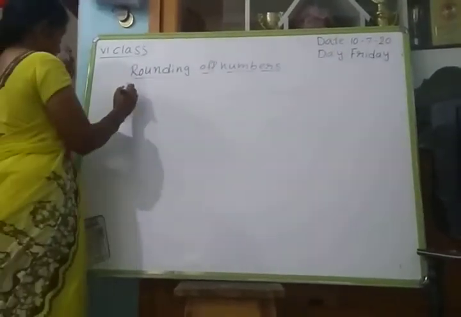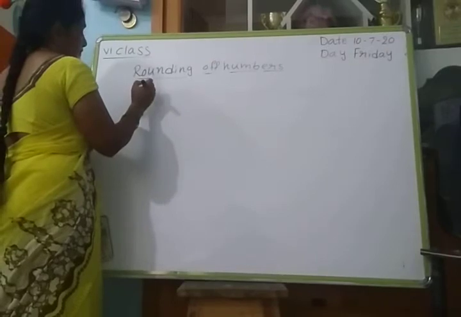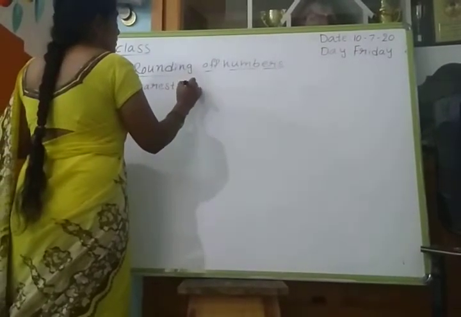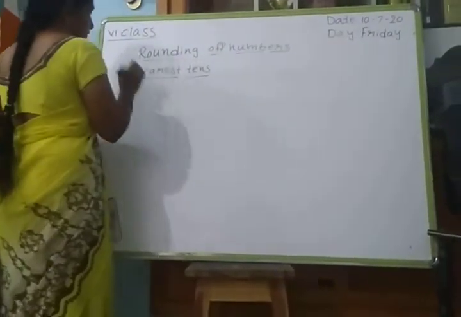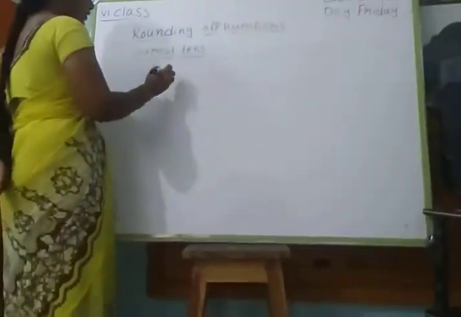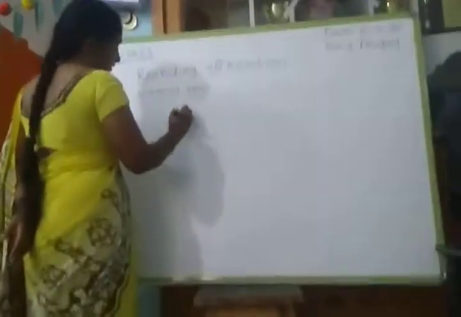I will say one method. Round off the given numbers nearest to tens. Let us take one example.